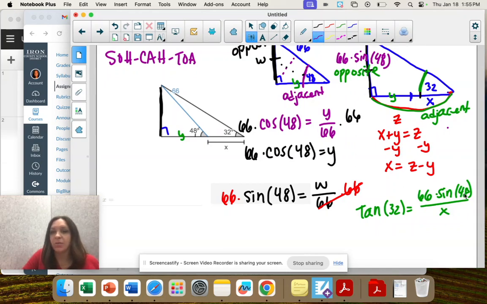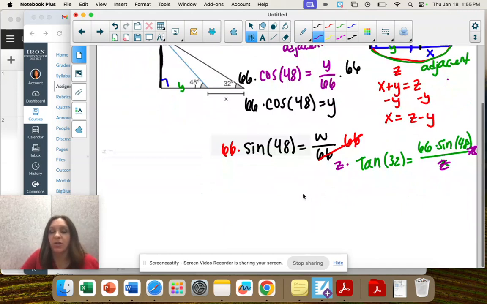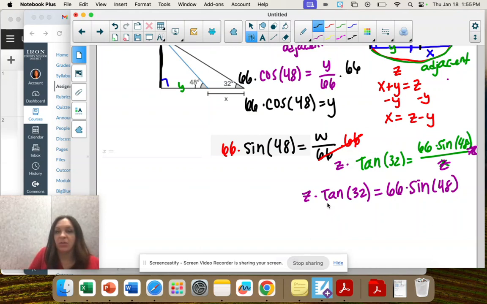So I'm going to times both sides by z to get rid of my fraction. So now I have z times tangent of 32 equals 66 times sine of 48. Now to get z by itself, I'm going to divide both sides by tangent of 32. And that is z.